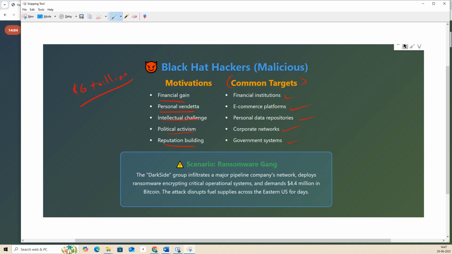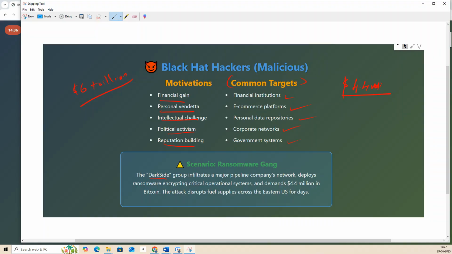Let me tell you about a real attack that cost one company 4.4 million dollars and disrupted fuel supplies across the entire eastern United States. The DarkSide ransomware group, a sophisticated criminal organization, spent weeks studying Colonial Pipeline's network.